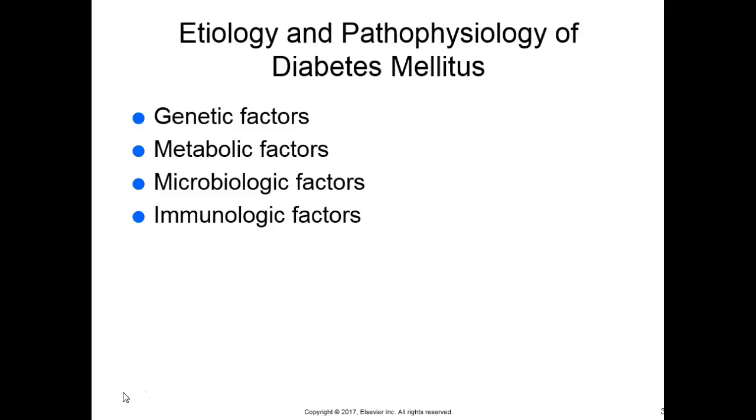So, factors that are associated with the development of type 1 and type 2 diabetes. Type 1 diabetes has a genetic predisposition. They may have had a previous infectious disease. As far as race goes, type 1 diabetes occurs more commonly in whites, and there is oftentimes a presence of islet cell antibodies in the blood.